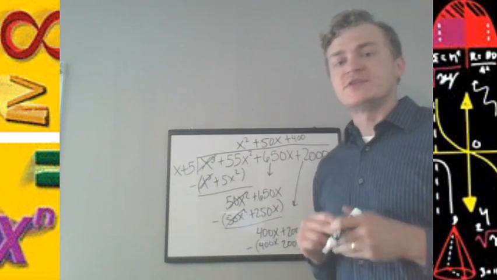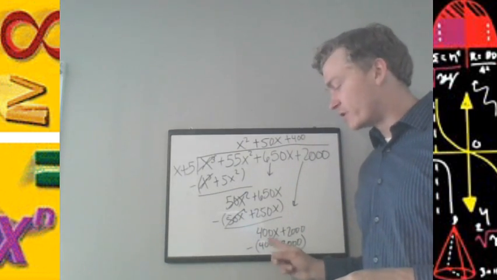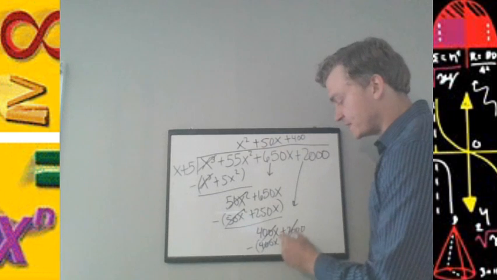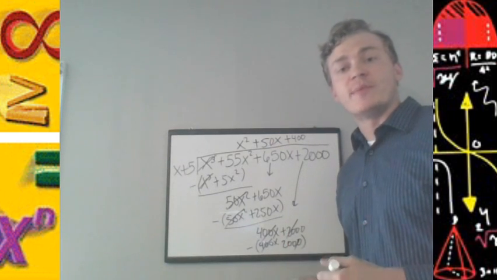Division is repeated subtraction, so we subtract to find a remainder. 400x minus 400x is 0. 2000 minus 2000 is 0. Therefore, there is no remainder.